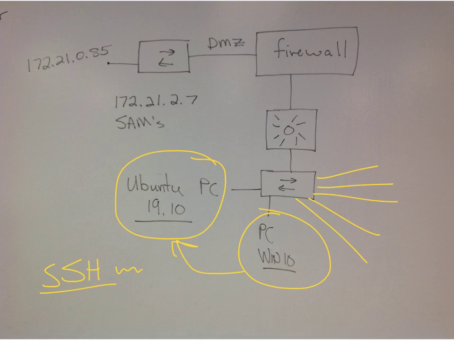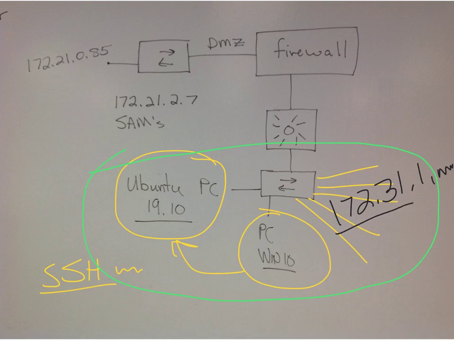So they're all on this same network. So if we were to look at that right in here, all the machines in here would have an address of 172.31.1 something. They're all on that same network actually. It's right here as the network, and they got the address through DHCP.